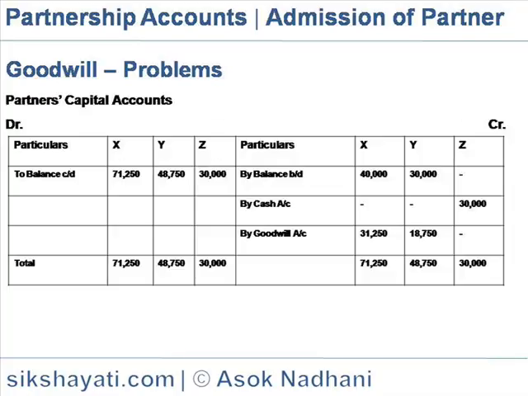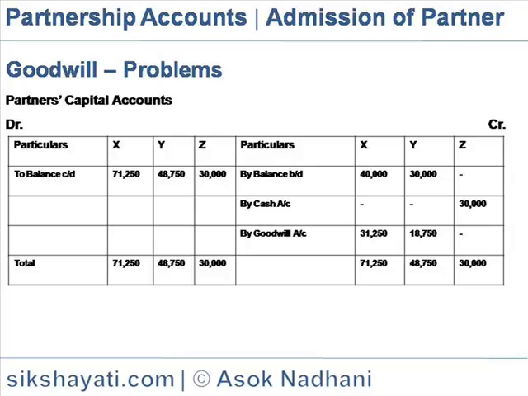Partners' capital account. The partners' capital account shows the following entries. On the credit side, the balance brought forward is 40,000 for X and 30,000 for Y, that is the balance as per the previous balance sheet. Then by cash, 30,000 is brought by Z as capital, so that is credited in his account. Now the goodwill account shows that 50,000 is distributed to old partners in the old profit sharing ratio.